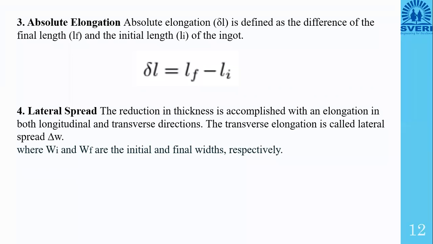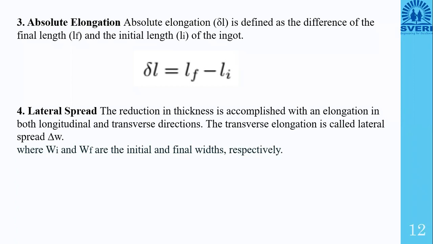Absolute elongation, that is delta L, is defined as the difference of the final length and the initial length of the ingot. Why? Because final length LF is larger than the initial length Li.